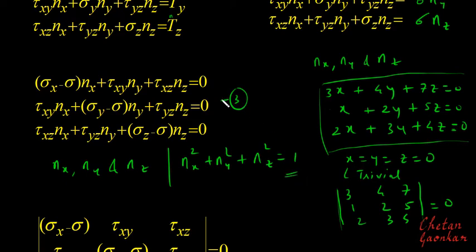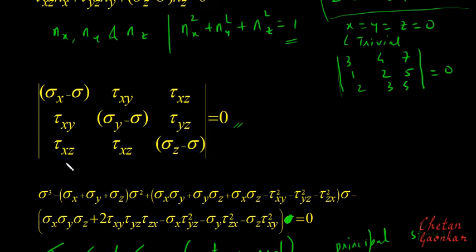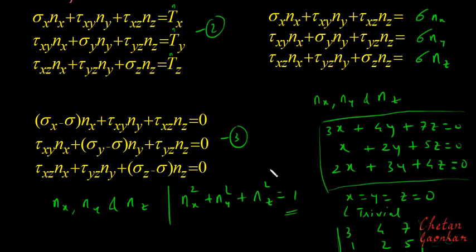So what basically we will be doing is using the value of sigma 1 in any two equations in this set of equation number 3. We will be substituting the value of sigma 1 here in place of sigma, and then the third equation we will be using is this.